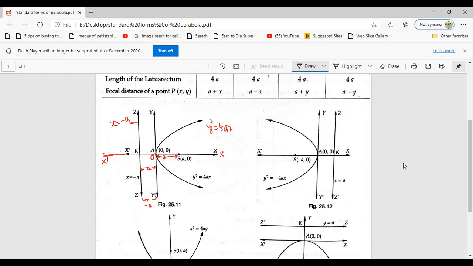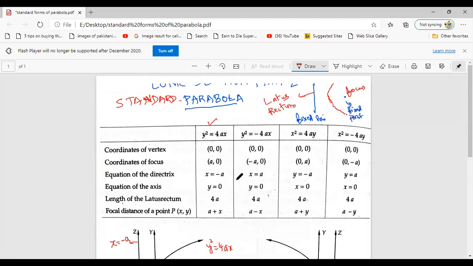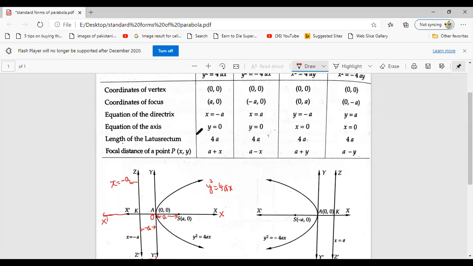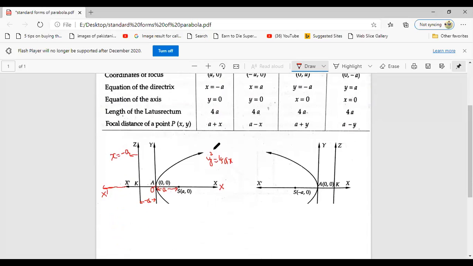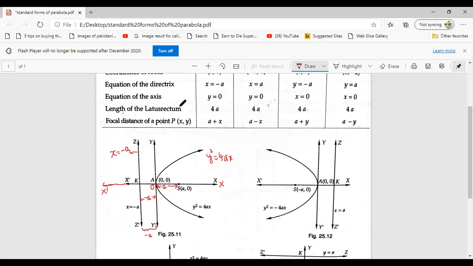And length of latus rectum. You can see here this is the table I am giving you. The vertex of this parabola y square equal to 4ax is (0, 0). Focus is (a, 0). The equation of the axis is always y equal to 0.